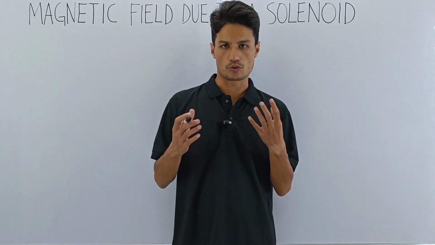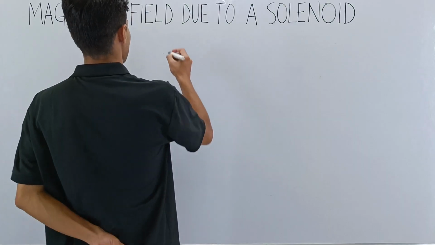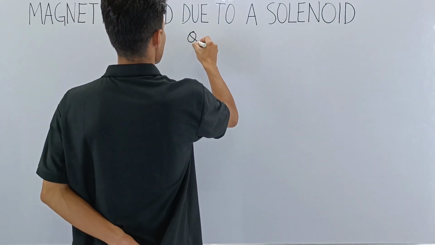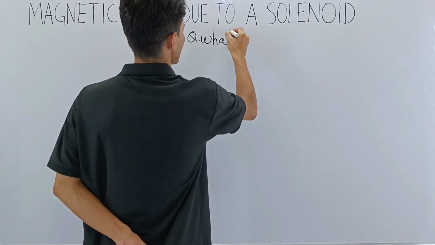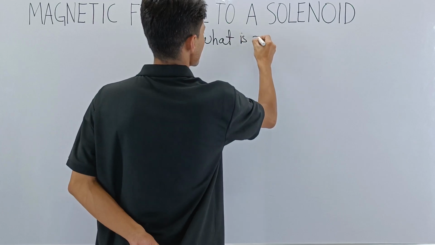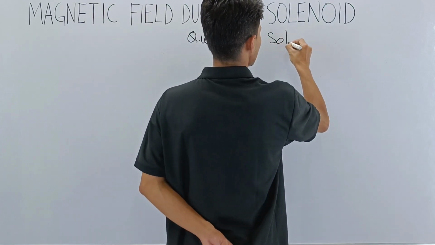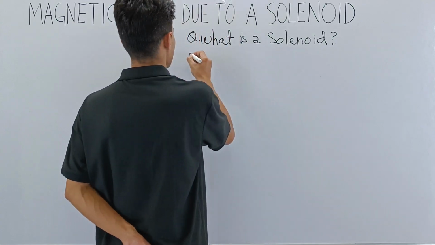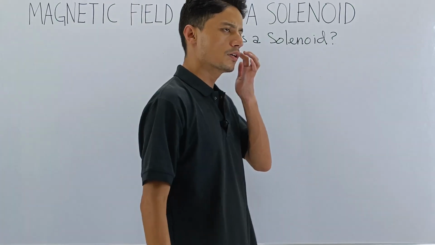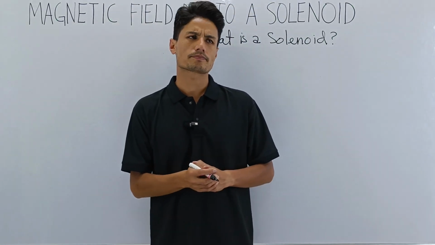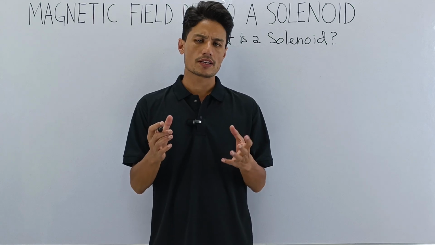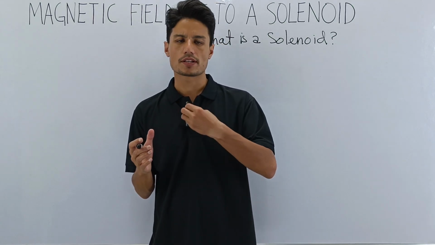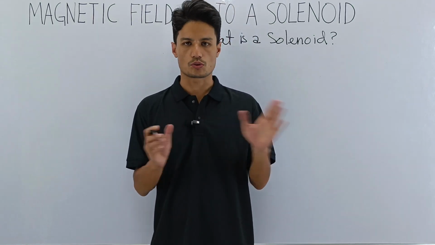let us define what a solenoid is. So define a solenoid. So what is a solenoid? A wire having large number of turns in which current is made to pass through is called a solenoid.